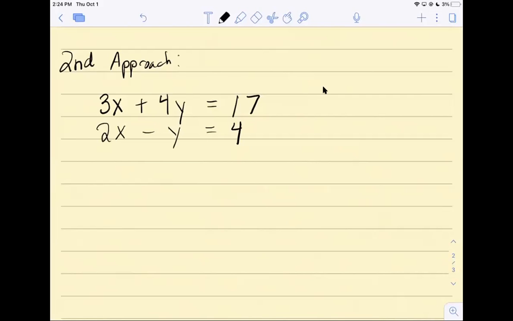Okay. So the second approach is called elimination.